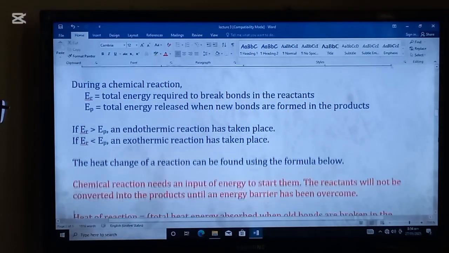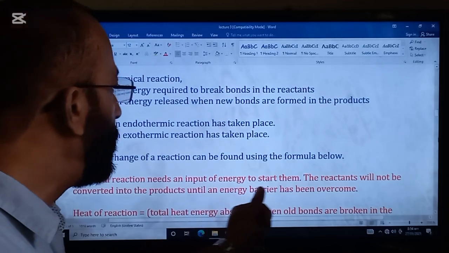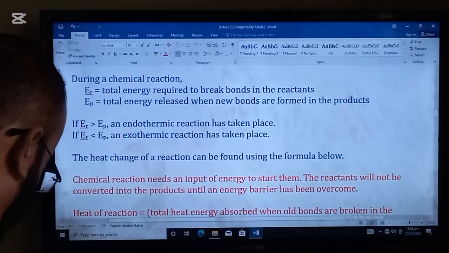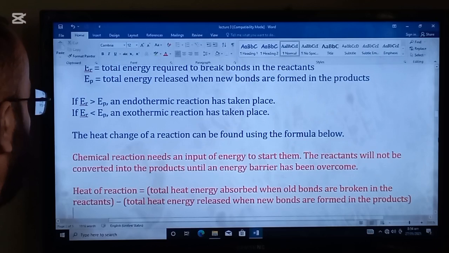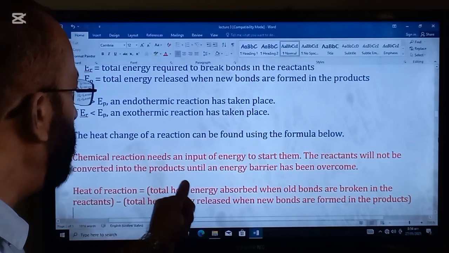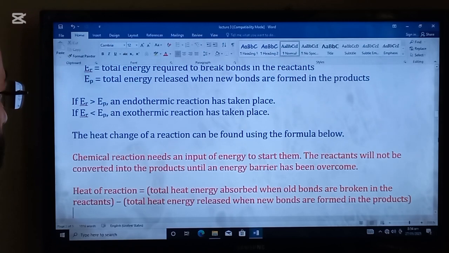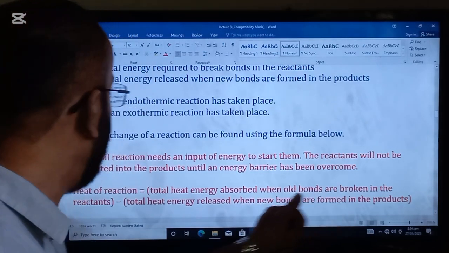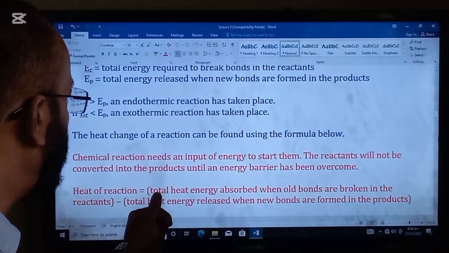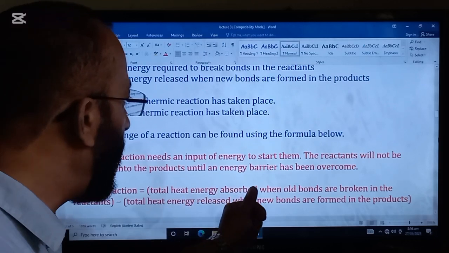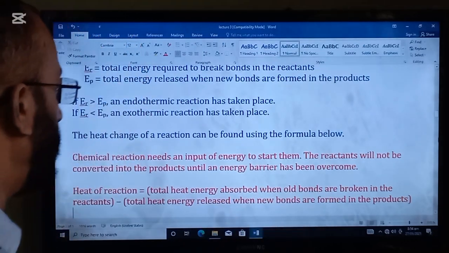The heat change of a reaction can be found using the formula below. Chemical reactions need an input of energy to start them. The reactants will not be converted into the product until an energy barrier has been overcome.